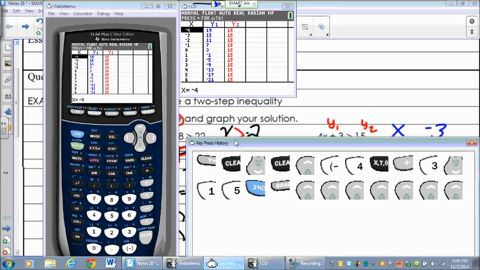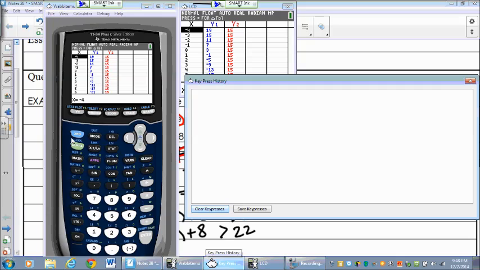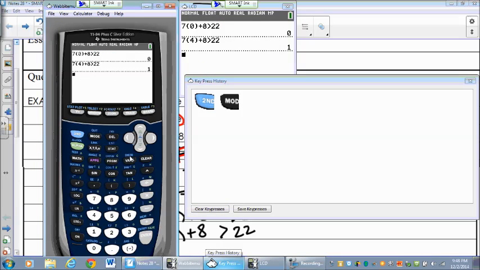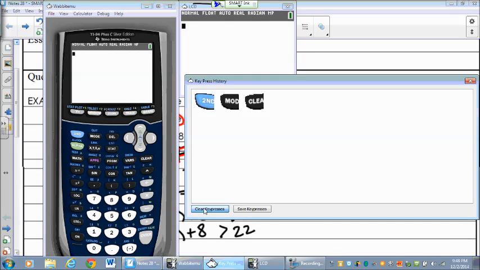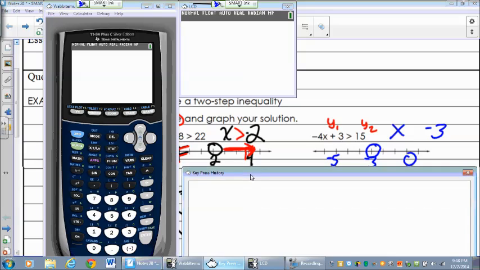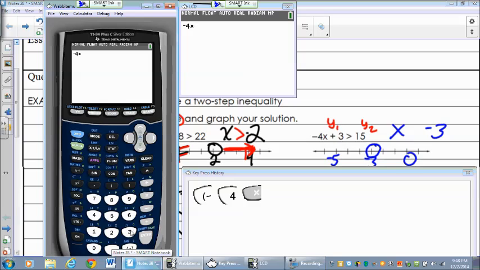Okay, I'm going to clear out my number keypad. Second mode to get out of this and clear. So here we go. I'm going to type in negative 4 times, and I'm going to enter negative 5 plus 3 is going to be greater than, so hit your second and test.